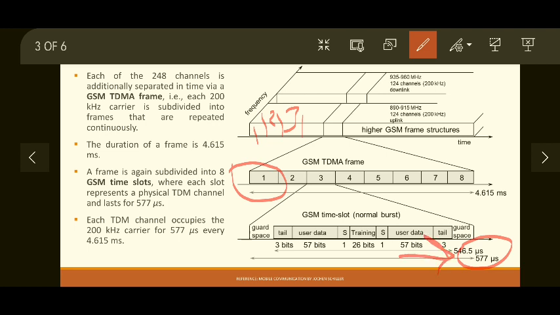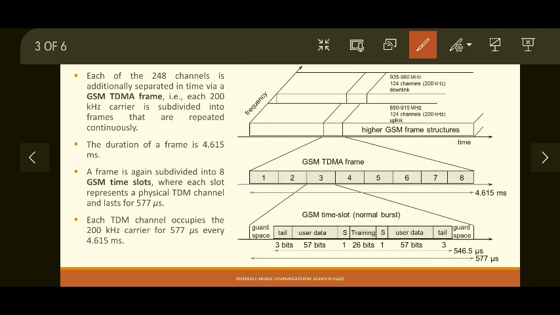So 8 users can transmit data after every 4.615 milliseconds. I hope this concept of TDMA and FDMA is now clear. The entire bandwidth is divided into a number of channels, so FDMA. Then each channel is accessible in different time durations, that is TDMA.